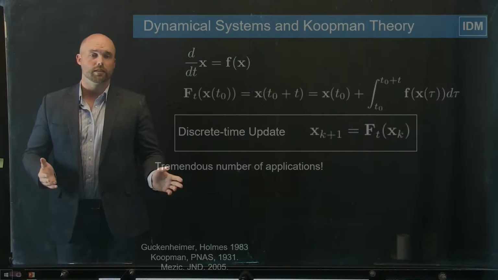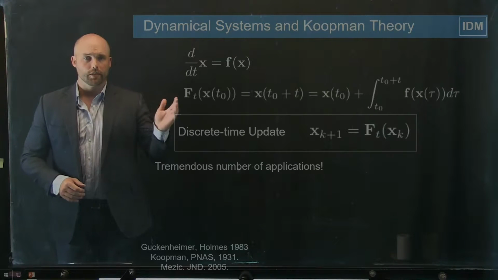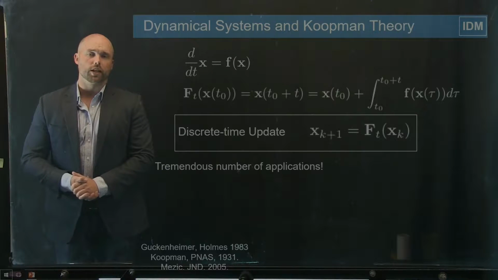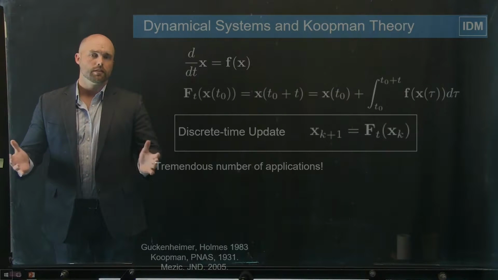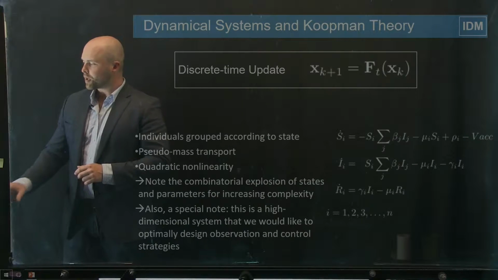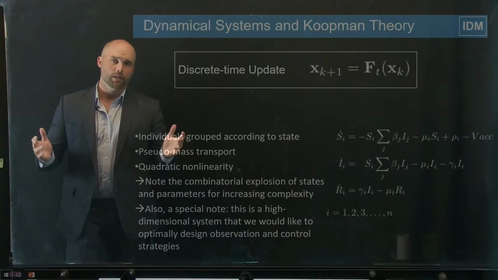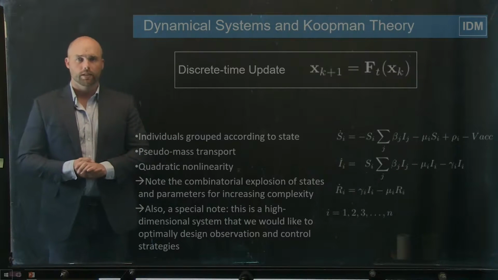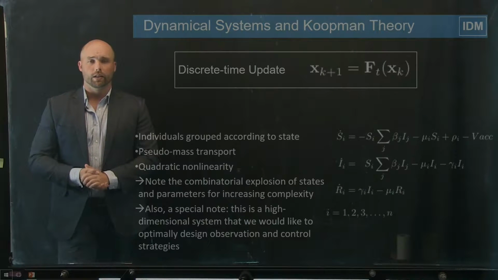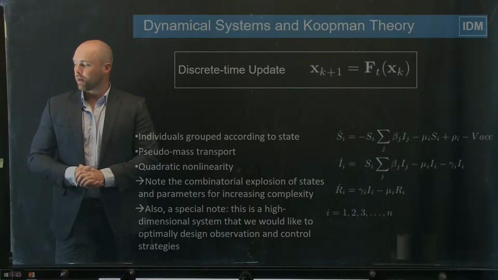And there's been a tremendous number of different applications in a variety of scientific fields that have utilized these perspectives on things like normal forms, bifurcation theory, invariant sets, nonlinear manifolds, etc. But this geometric perspective can run into difficulty when the systems become very high dimensional and complex, or if you don't know the governing equations underlying the data that you're collecting, such as those in infectious disease problems.